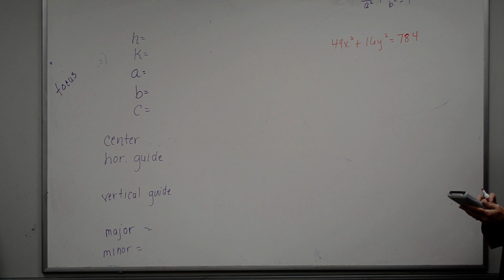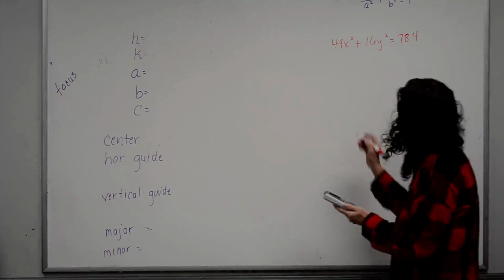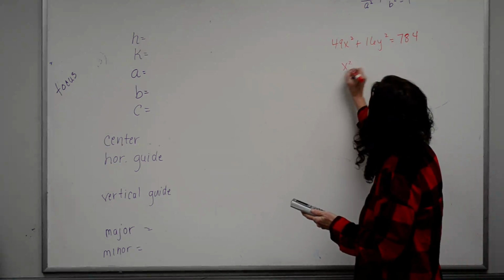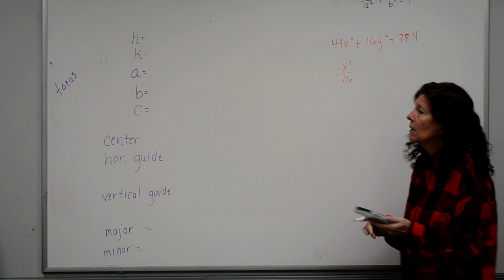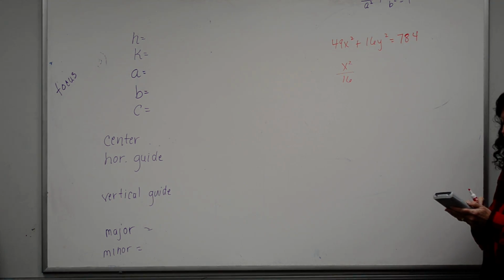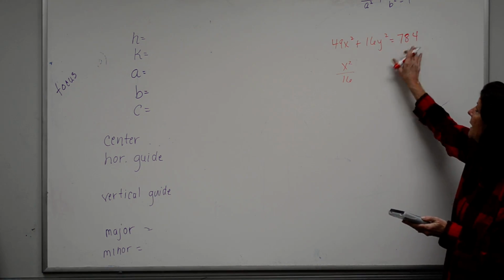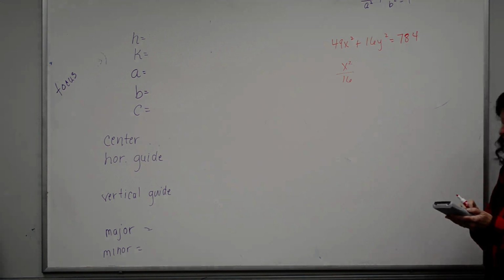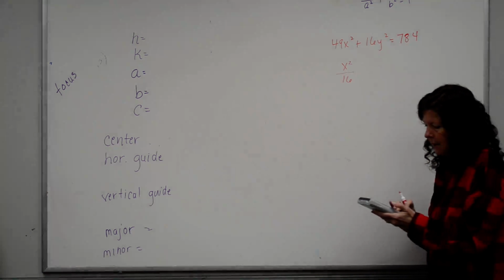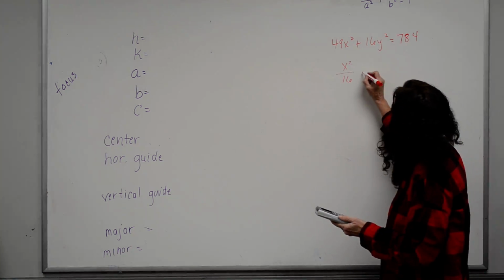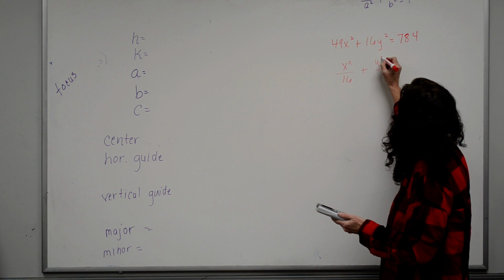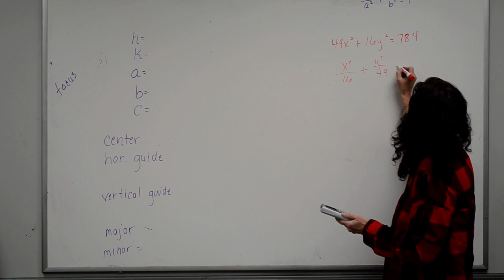So I would do 49 divided by 784, and then convert it back to a fraction, and it's going to give me 1 over 16. So that gives me x squared over 16. I'm going to do the same thing with the 16. I'm going to divide it by 784, convert it back, and I'm going to get y squared over 49 equals 1.